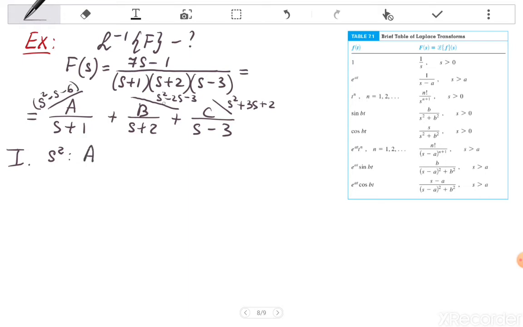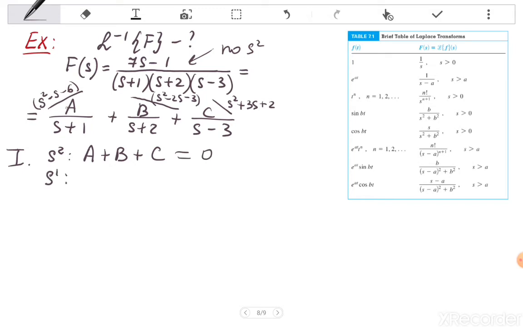The same for b times this bracket, b times s squared, so the coefficient of s squared is b, and the same for c. And since there is no s squared here, we write 0.